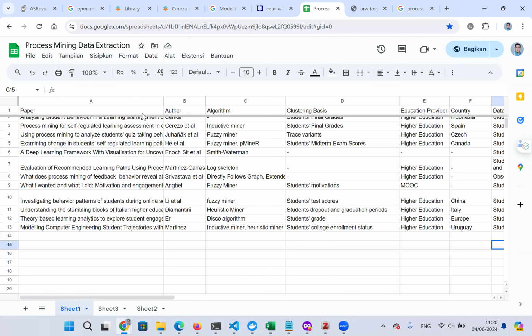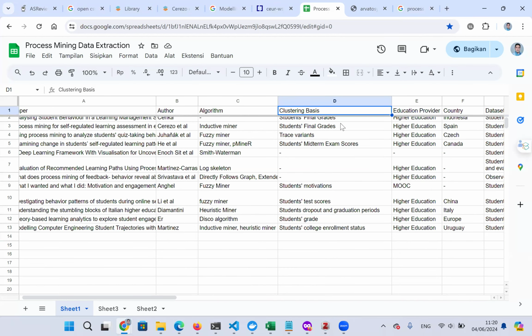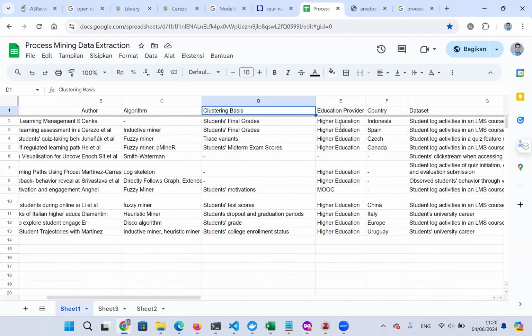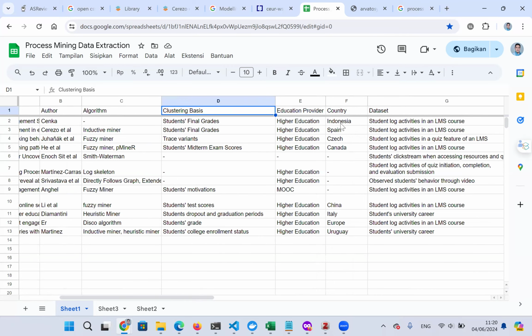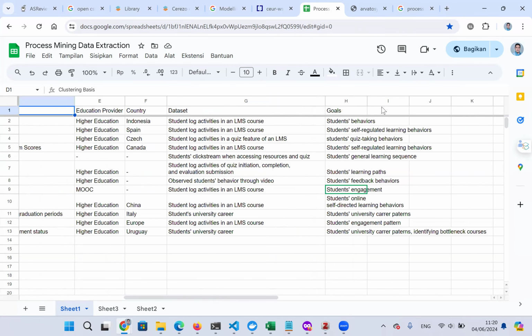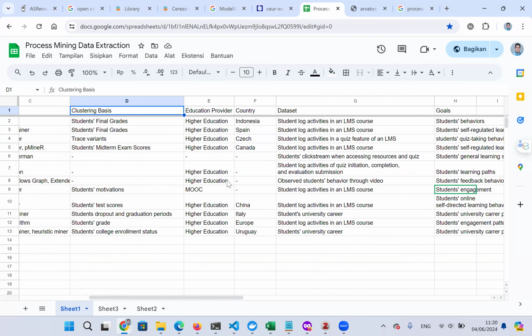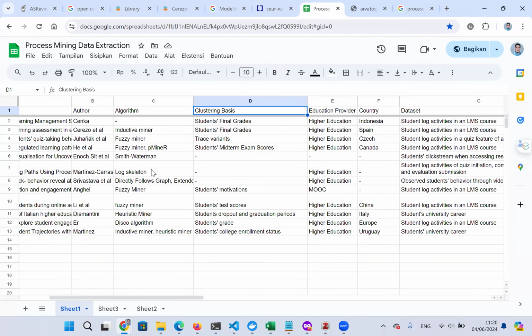The attributes are the algorithm, meaning what algorithm they use in this research paper, and the clustering basis, which means that when they use process mining, how they cluster the data set, such as whether the student has successfully passed the course or failed the course, and so on. We want to extract all of these attributes out of a paper.